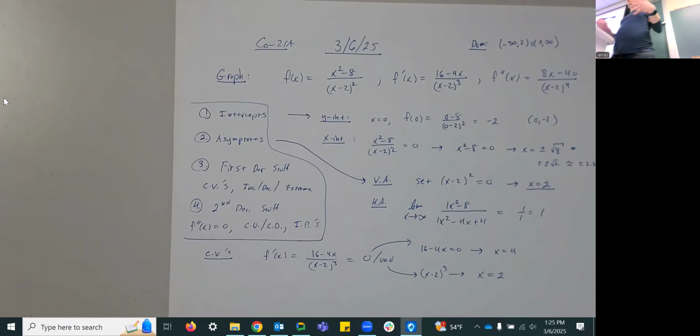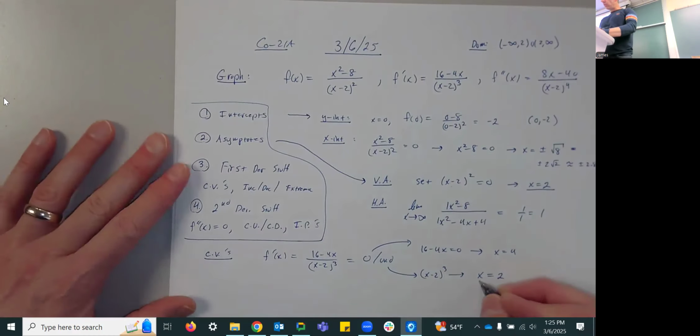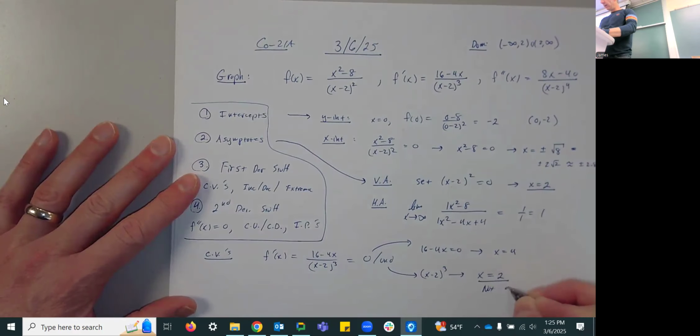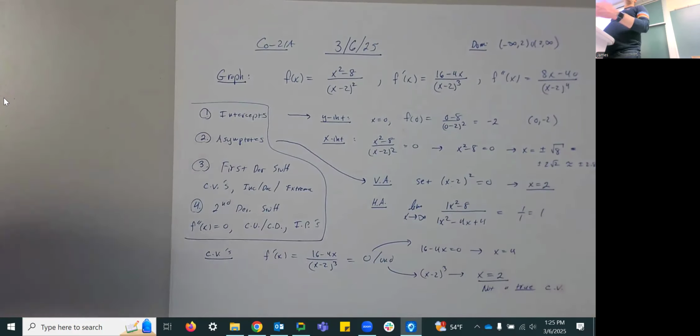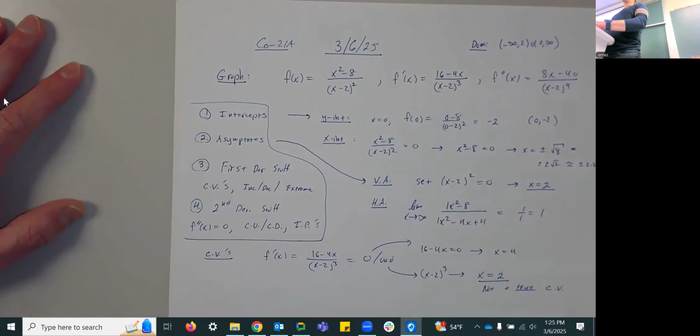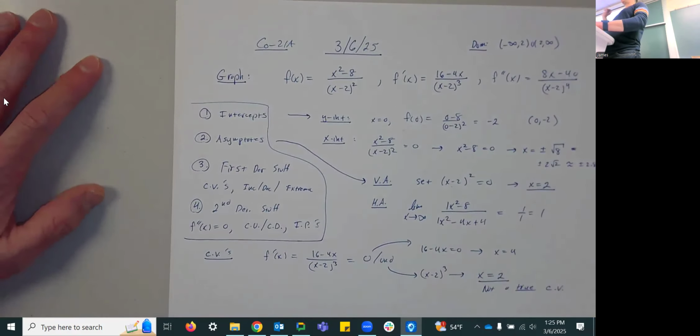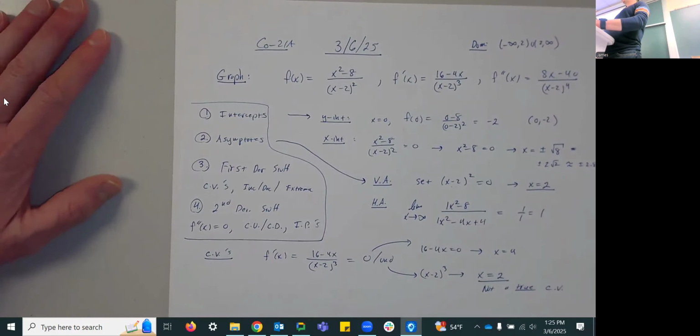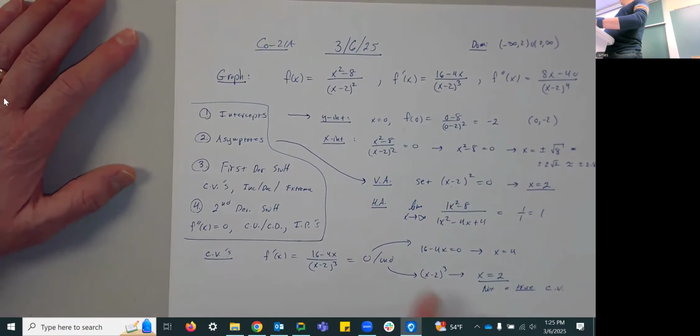So is 2 a true critical value? Absolutely not, because it's not in the domain. So x equals 2 is not a true blue critical value. But it's still important. We're still going to include it on our first derivative number line and our second derivative number line so that we can tell what the behavior of the function is.